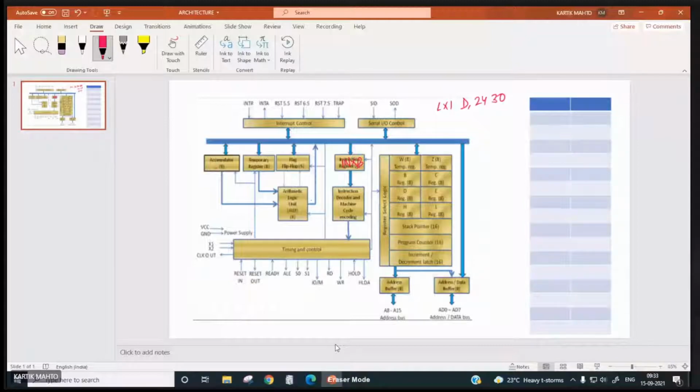This much is the 16-bit count. Now if we decrement this by 1, it will become 2400. Then it will become 23FF, then 23FE. This way it will decrement. Then it will become 2301, 2300, 22FF. This way it will decrement.